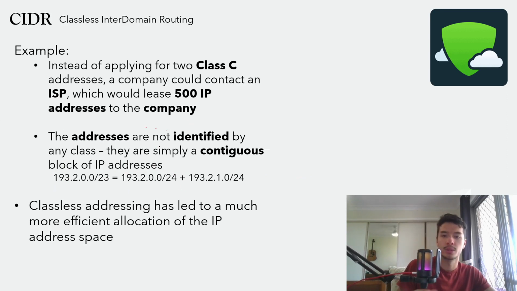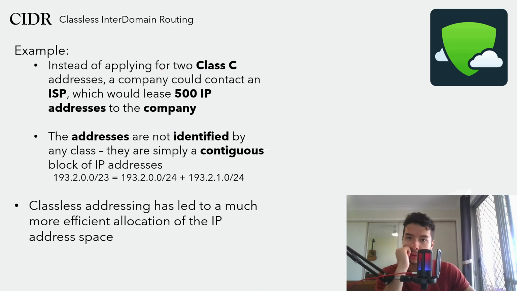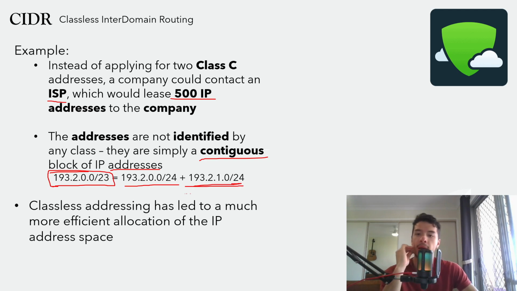Let's take this example, which was an interesting one. Instead of applying for 2 Class C addresses, a company could contact an ISP, which would lease 500 IP addresses to the company. The addresses are not identified by any class. They're simply a contiguous block of IP addresses. So this /23 network is equal to two /24s, and you need 500 addresses. So this is your next subnet right here.